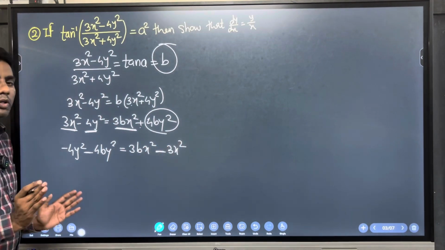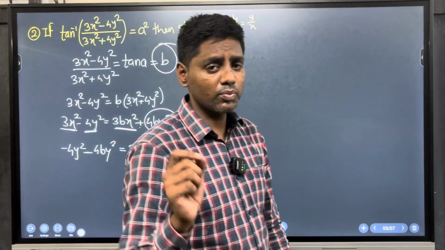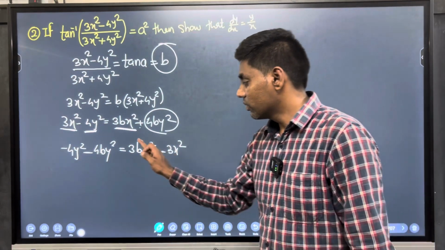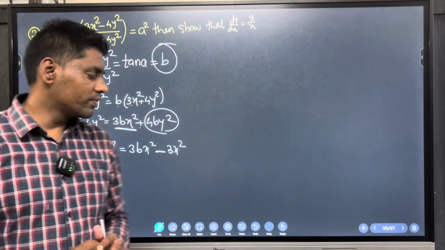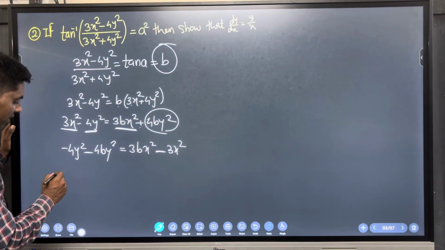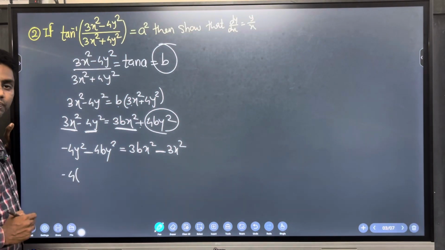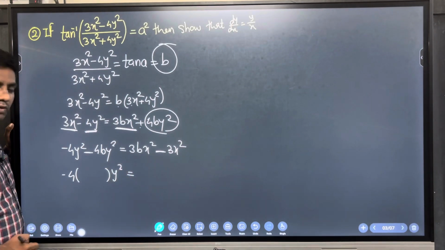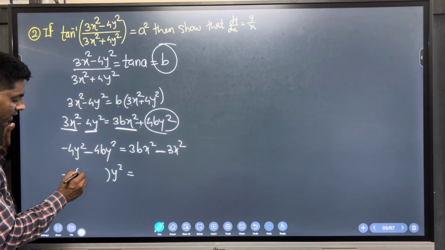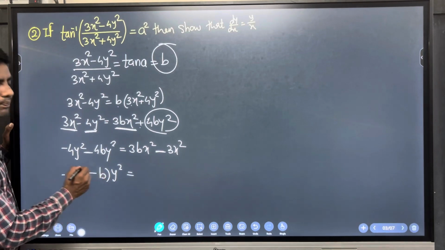Again simple observation, properly observe the steps, and what we can take common. If you observe the left hand side, minus 4 we can take common, and y square we take common. After taking out minus 4 and y square, the remaining is 1 minus b.